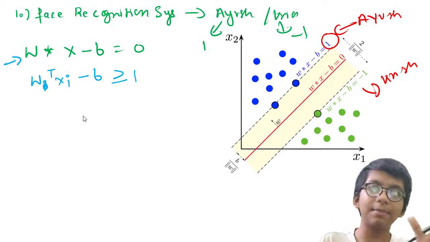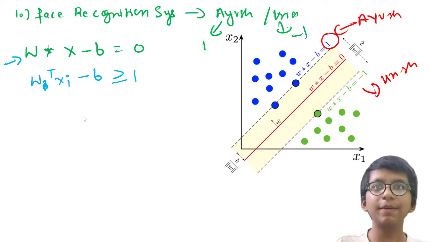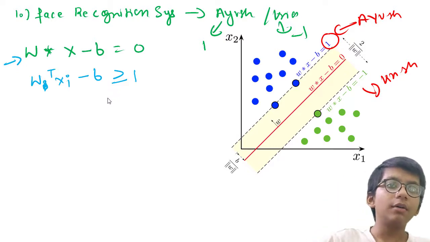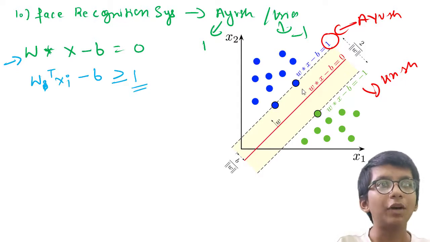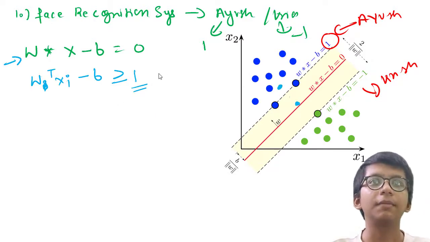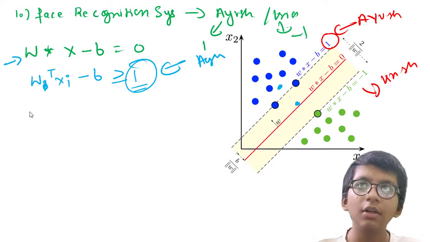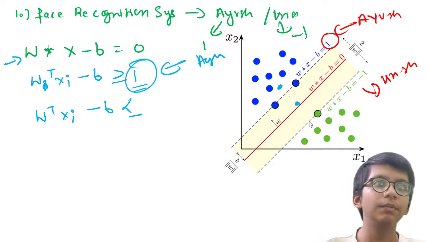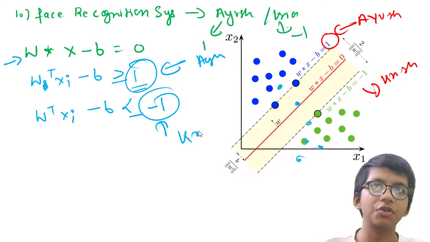Whatever output is on or above this hyperplane is regarded as a 1, which is positive, Ayush. And whatever is below this hyperplane is regarded as -1, which in this case is Krish.